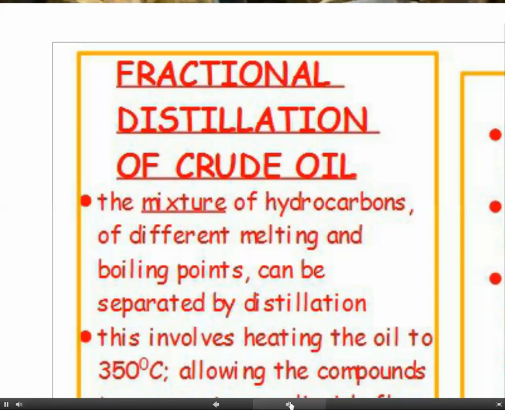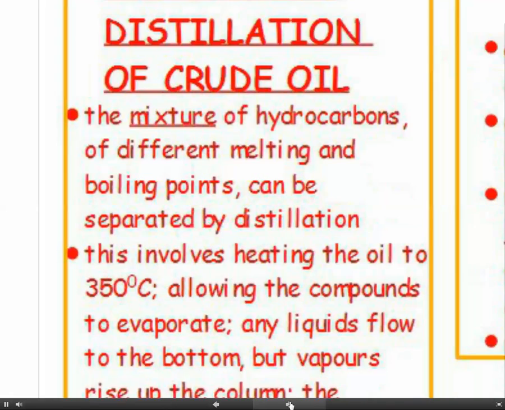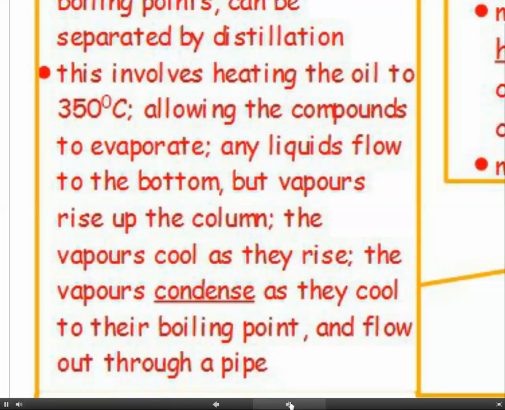Fractional distillation of crude oil. Now, crude oil is a mixture of hydrocarbons of different melting and boiling points, so it can be separated by distillation. This is evaporation followed by condensation. So learn these steps.